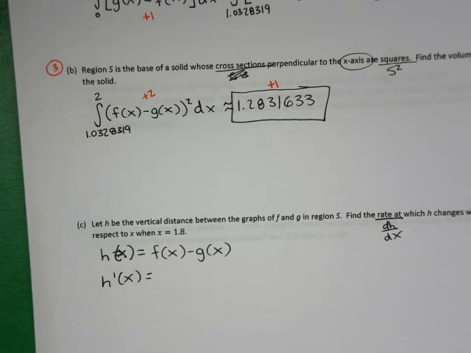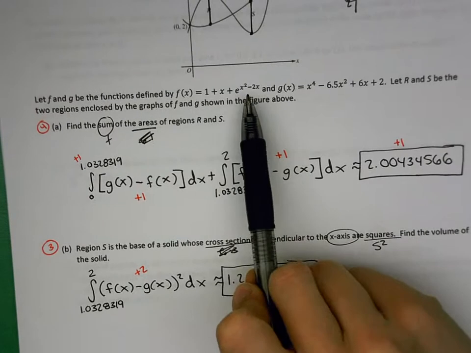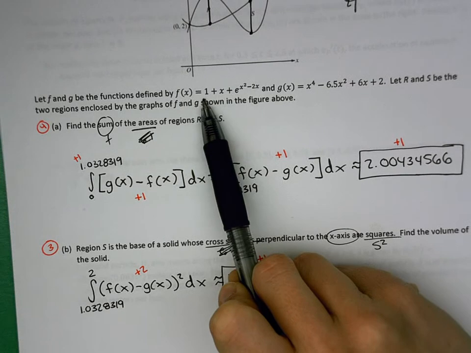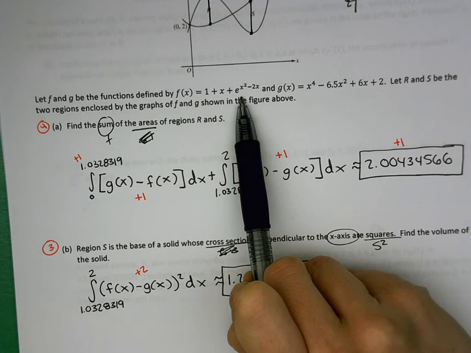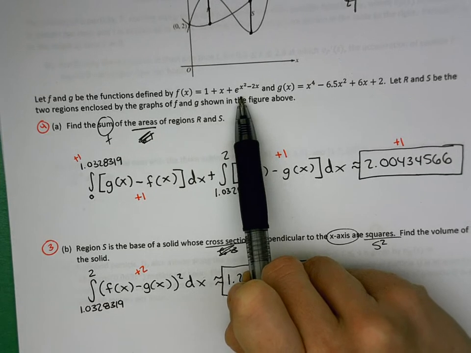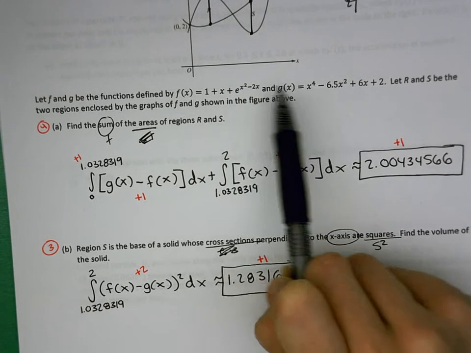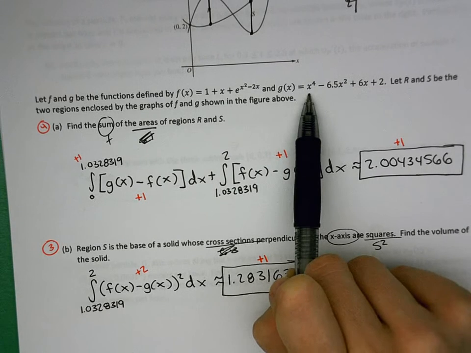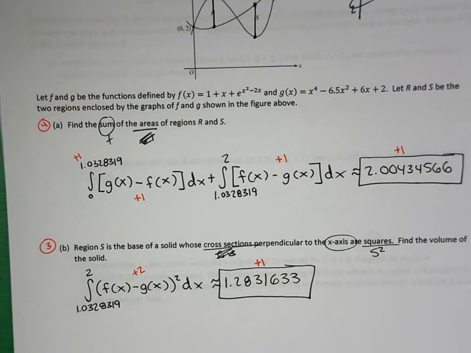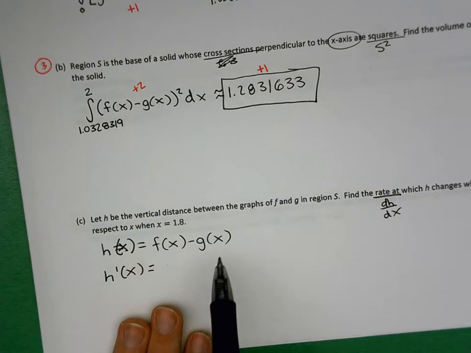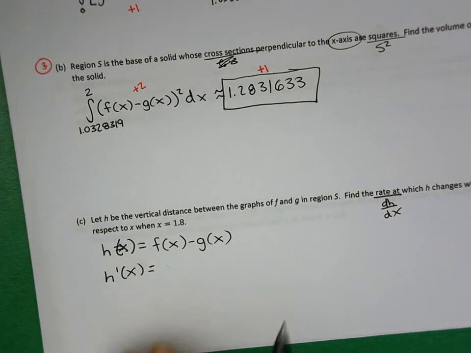For those who prefer to actually take derivatives, you could take the derivative of F up here, so that derivative would be 0 plus 1 plus e to the x squared minus 2x times 2x minus 2, the u prime. And then your g of x function would be 4x cubed minus 13x plus 6 plus 0. Okay? And so you would have those down here. Make sure that with the g of x, if you are taking the derivative by hand, that is in parentheses because it's behind a minus. Or you would have to automatically distribute the negative in.